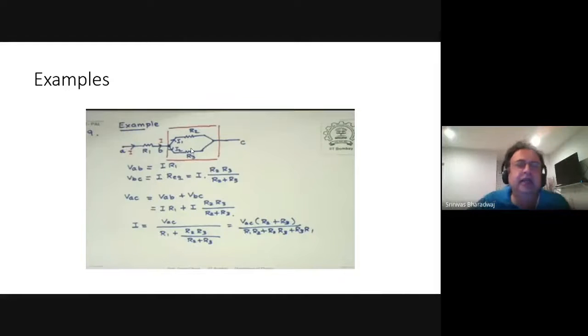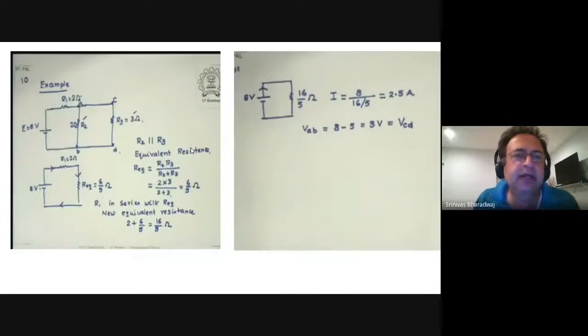You get the equivalent resistance of the whole thing, and then you multiply that by the current. It will equal the voltage across the whole thing. So that's one way to solve it. The other way is to use these separate equations and break it up and solve.